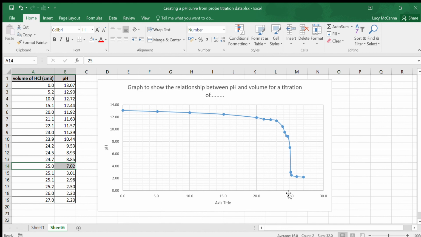So for my assignment, I'd be reporting that a volume of 25 centimetres cubed was required. I can then use that volume in my calculations to find the concentration of my sodium hydroxide.